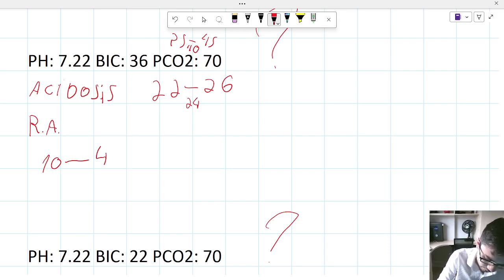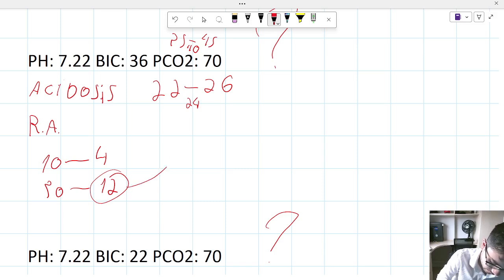So if it's 70, we are 30 above, so we need to add 12 to the bicarb from the middle value of 24. So here we are expecting a bicarb of 36.